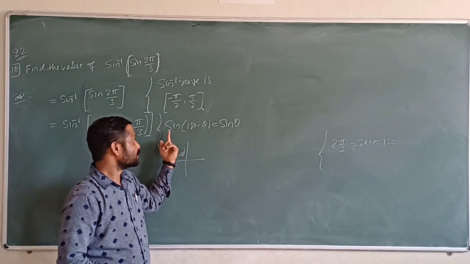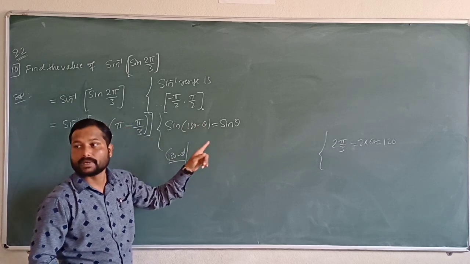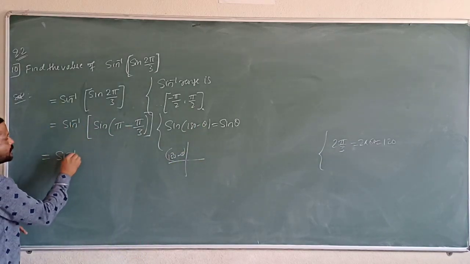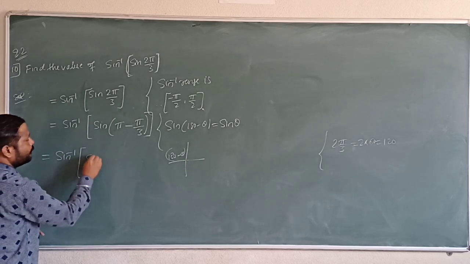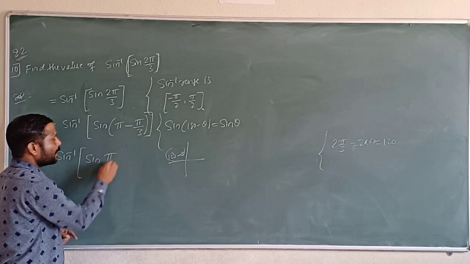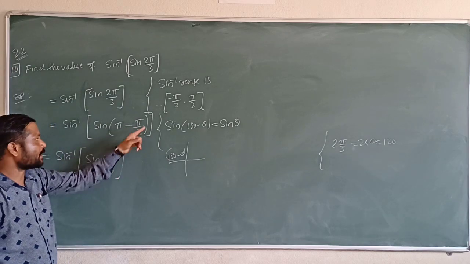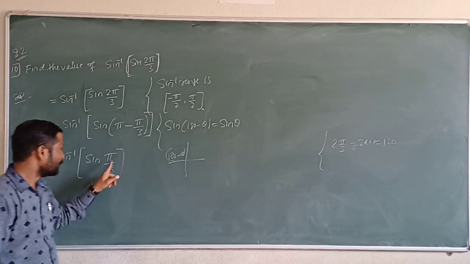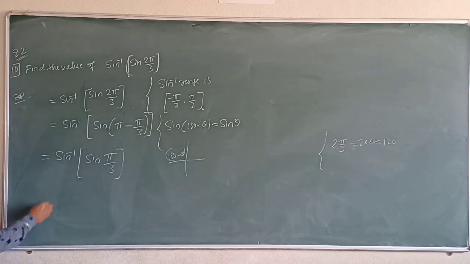So sin of 180 minus theta is plus sin theta. Then sin of pi minus pi by 3 becomes sin pi by 3, where theta means pi by 3.